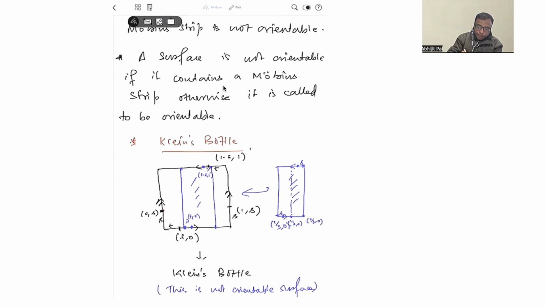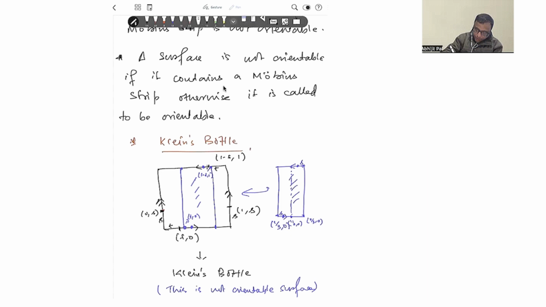We can take another definition of non-orientability: a surface is not orientable if it contains a Mobius strip. Otherwise, it is called orientable. Here, if I take the Klein bottle, you can identify it in this way.